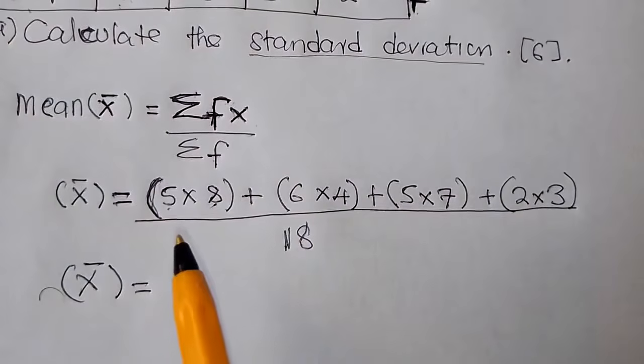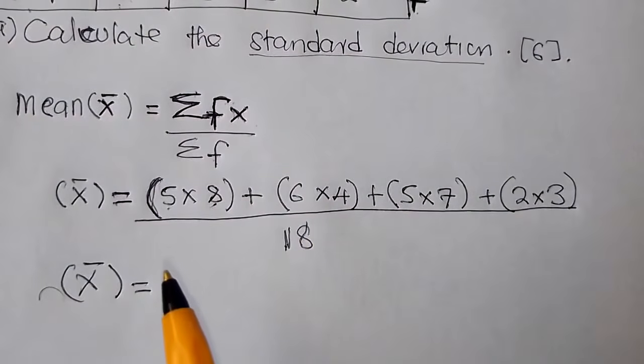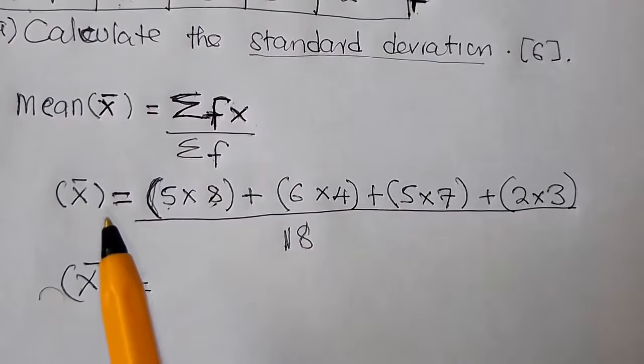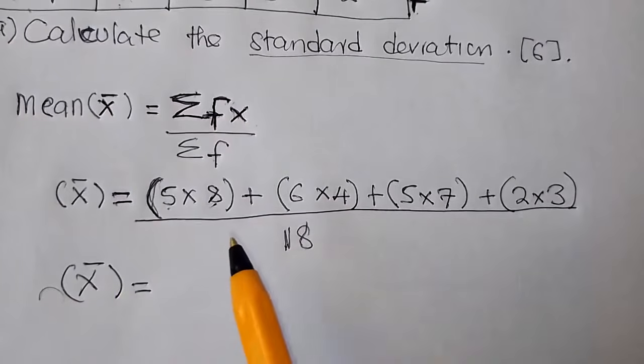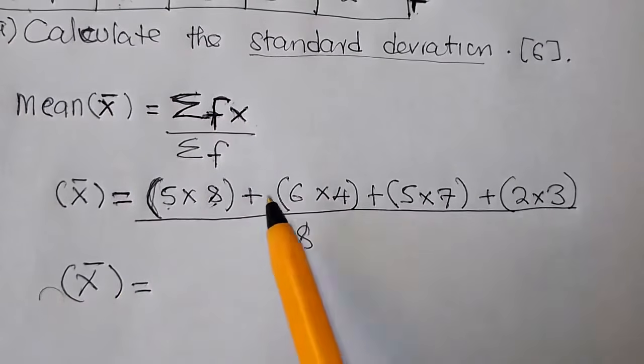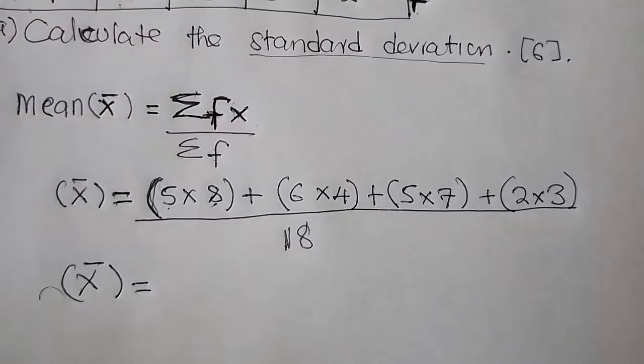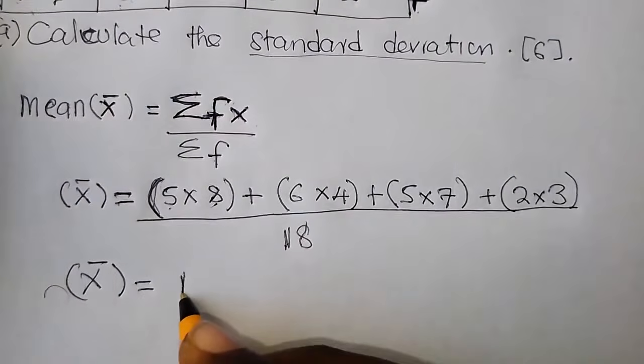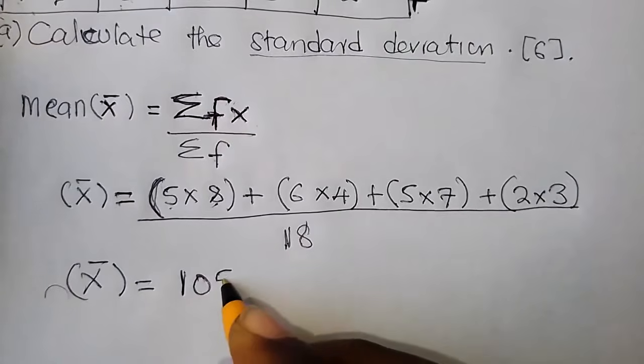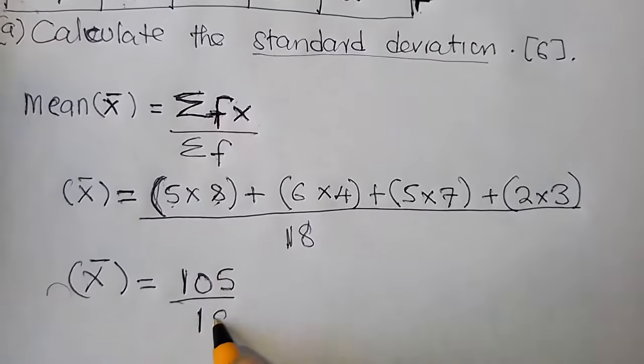Going further, you are not supposed to leave these brackets, but on this one, on the calculator, just forget about them. So just go straight: 5 times 8 plus 6 times 4 plus 5 times 7 plus 2 times 3. You can confirm with me. I've gotten this answer, 105, over 18.